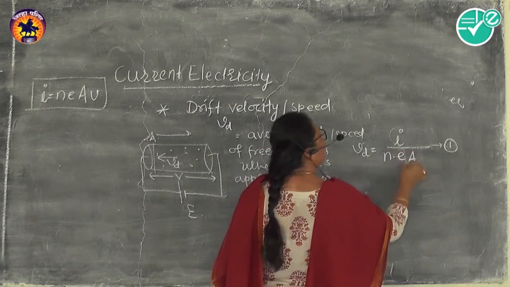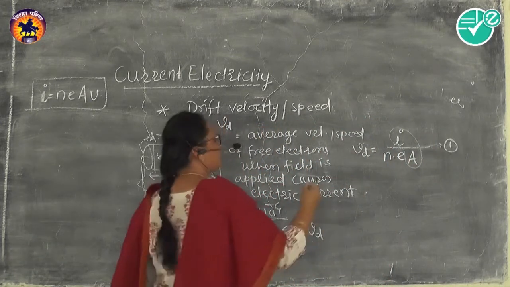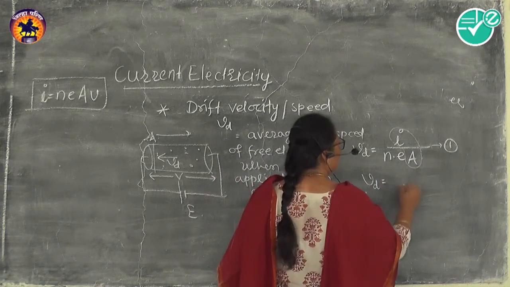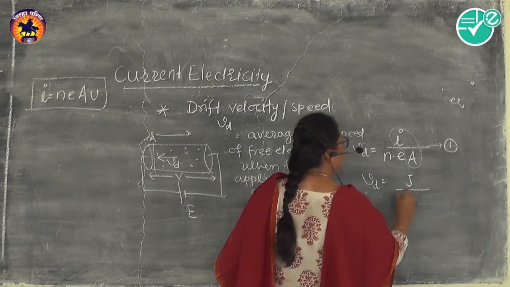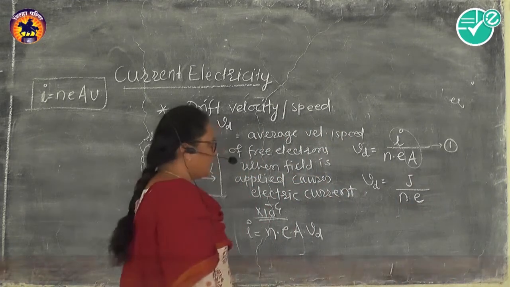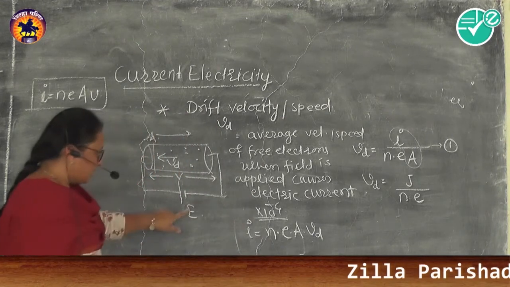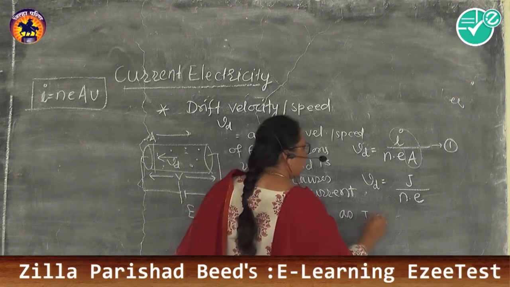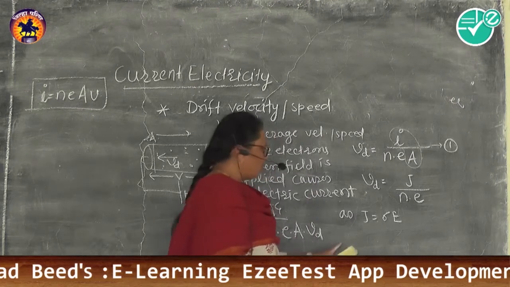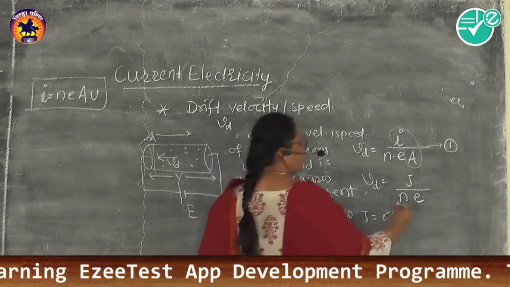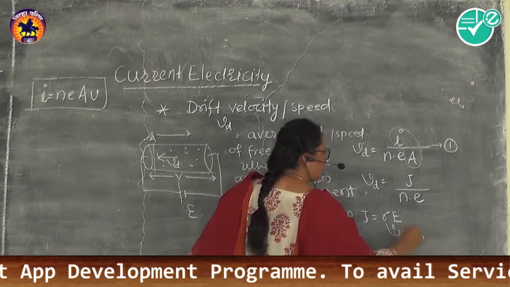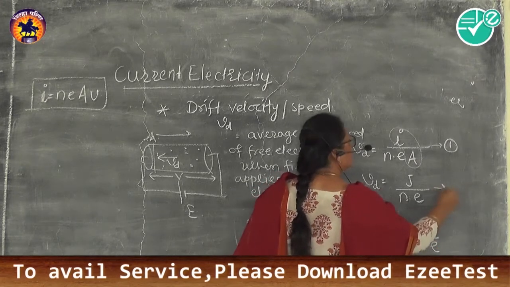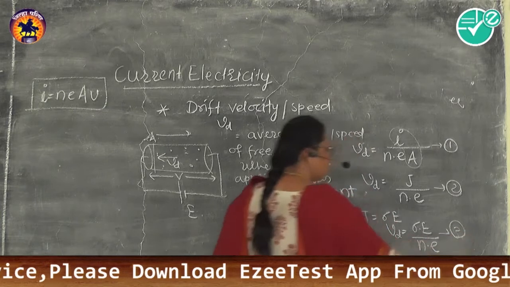We know that current upon area is nothing but current density, so Vd is equal to J divided by N into E. But we know that current density is always related with the electric field by the relation J is equal to sigma into E. Put this value of J in the above equation and you will get Vd is equal to sigma into E divided by N into E. So this will be the second and this will be the third relation.